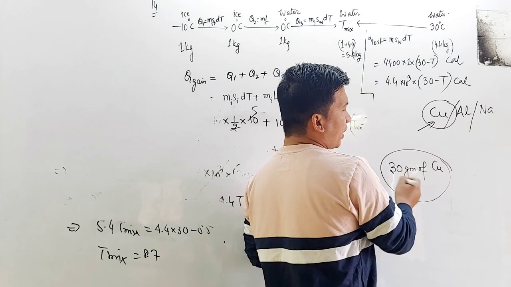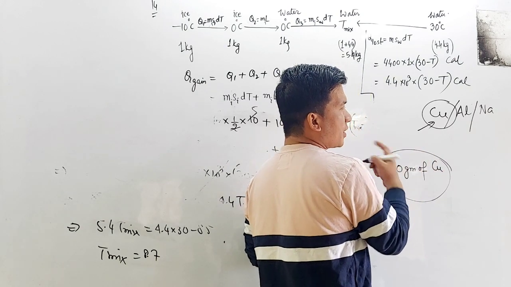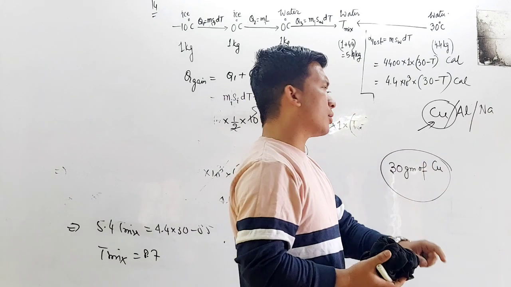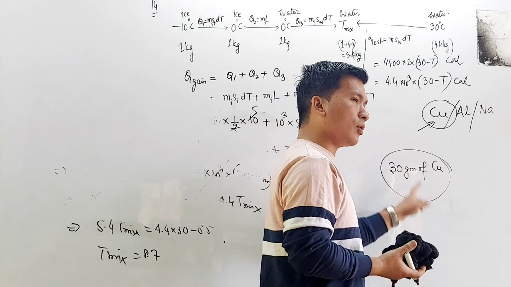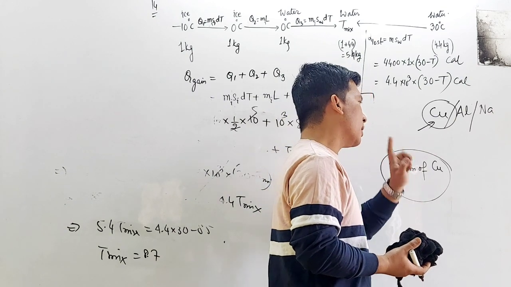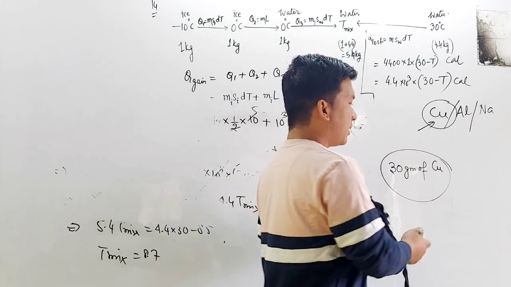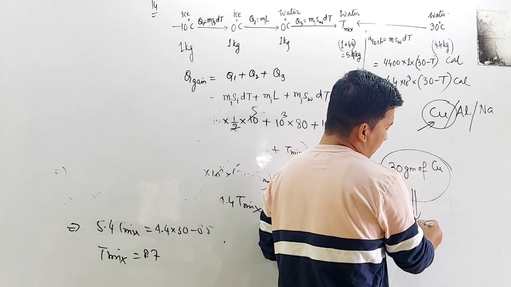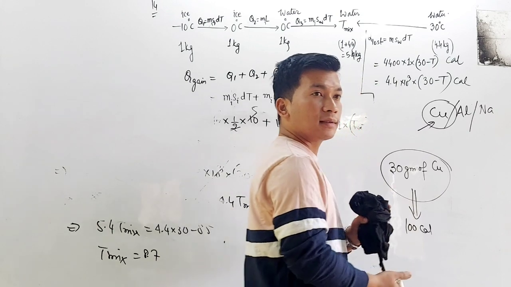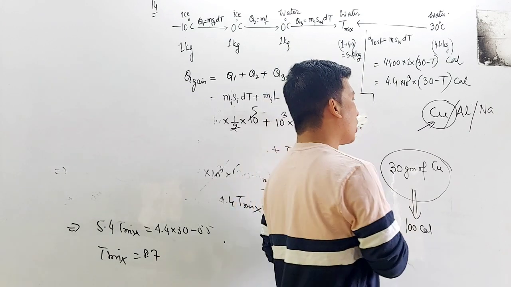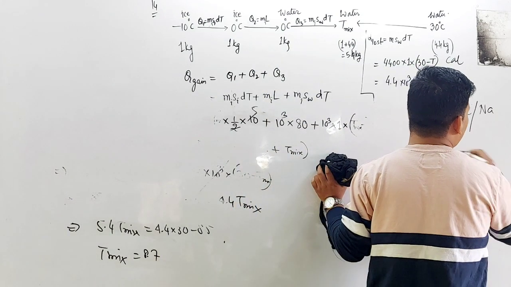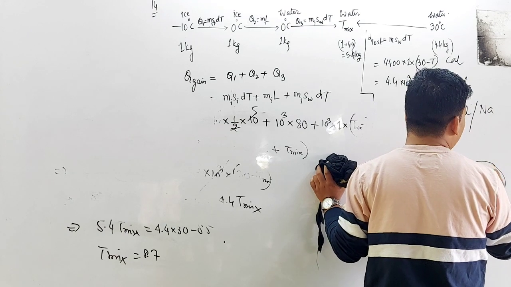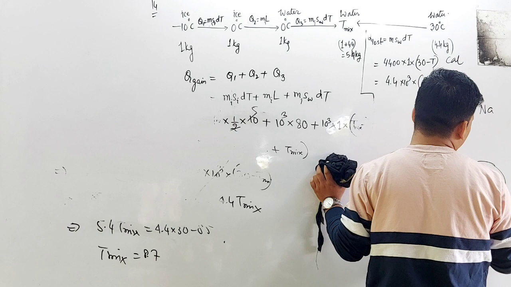Say for increasing the temperature by 1 degree Celsius, let us consider the amount of heat present inside this 30 gram of copper, say 100 calorie. Now, how much mass of water will contain this 100 calorie?